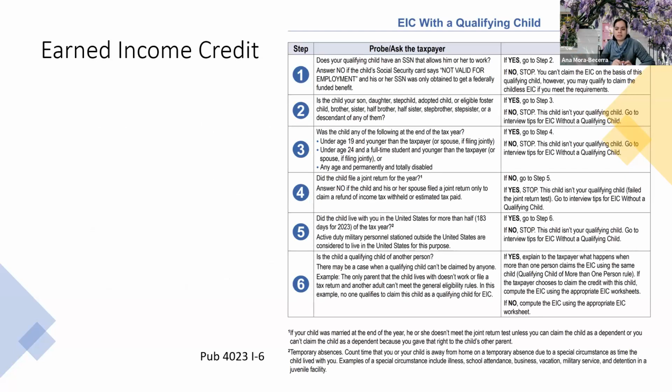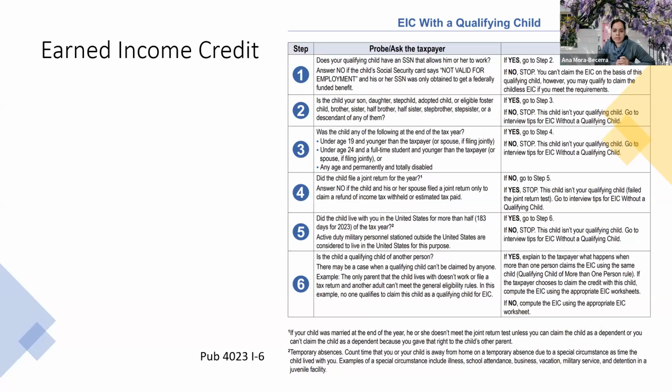So this gets a little confusing with the dependency because a dependent can be claimed. Like if you're from Canada or from Mexico, you can have a dependent who's living in that country. For the EIC, the child has to be in the United States for more than half the year.